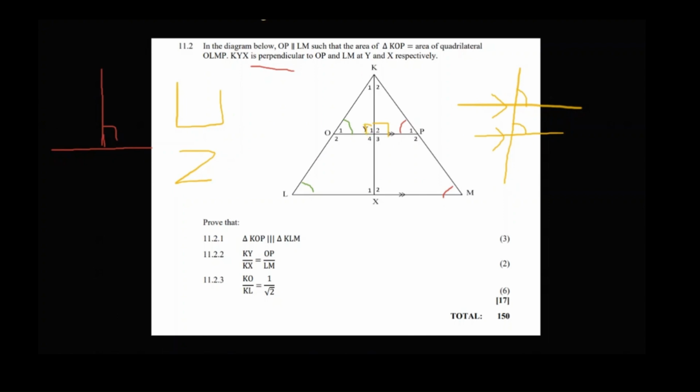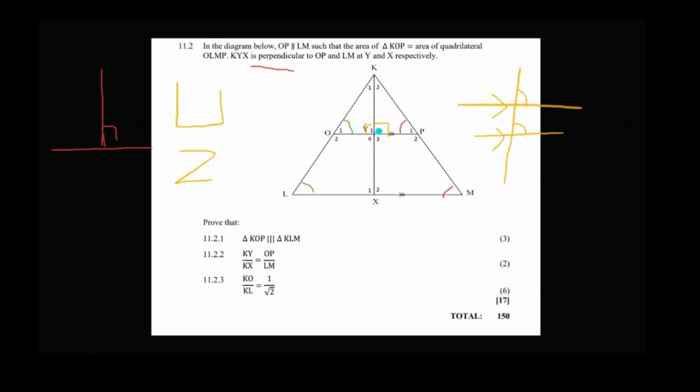One thing that I also want you to remember is corresponding angles. Remember, guys, corresponding angles don't only apply to the angles that are literally on the edge of the line. It can also apply to the angles that are sitting in the middle of that parallel line. So what does that mean? We can see Y2 is in the middle of OP.